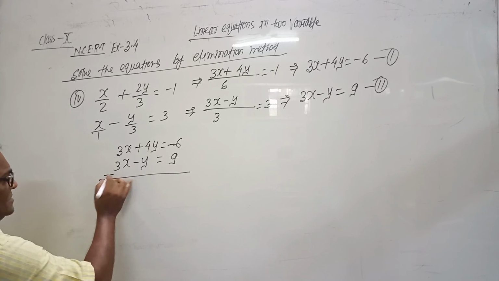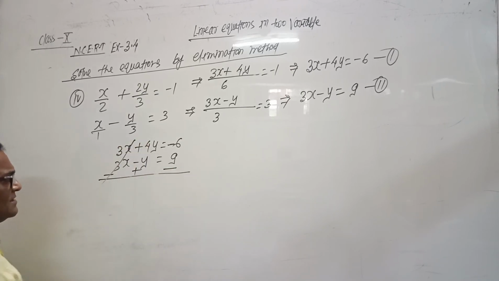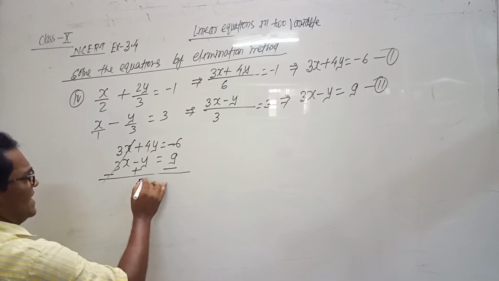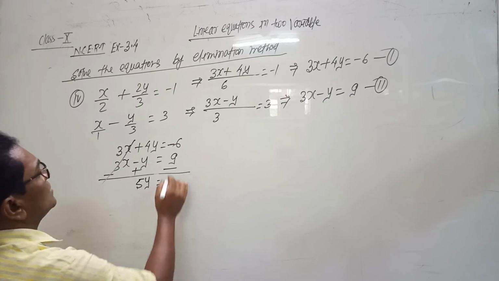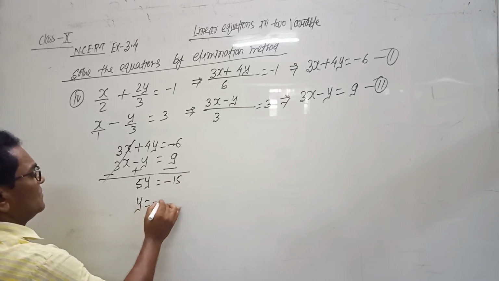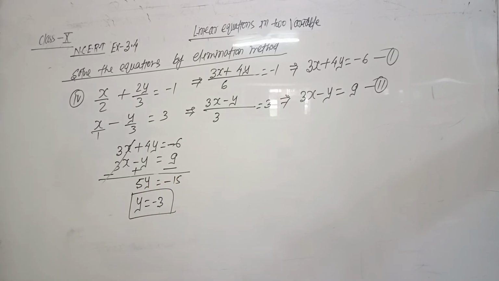Directly we subtract. Plus and minus, 3x and 3x cancelled. 4y plus y, this is 5y equals to minus 6 minus 9, minus 15. And the value of y, minus 15 by 5, we get minus 3.